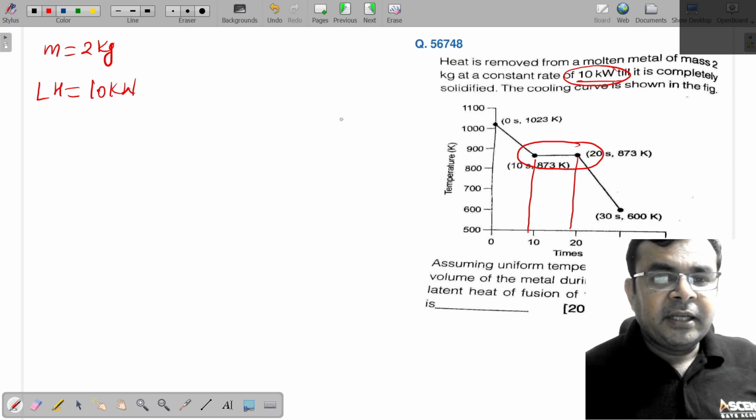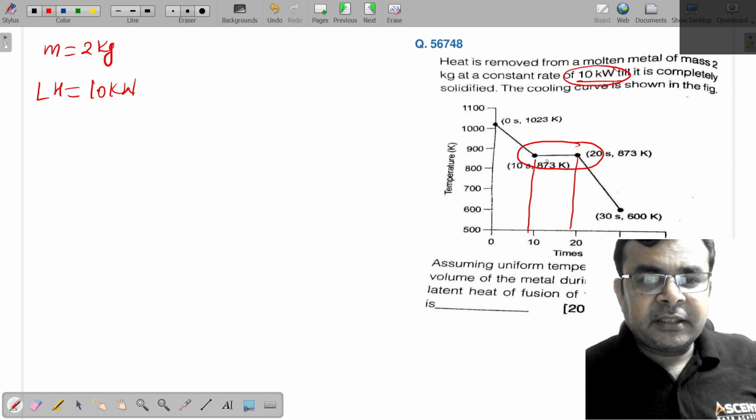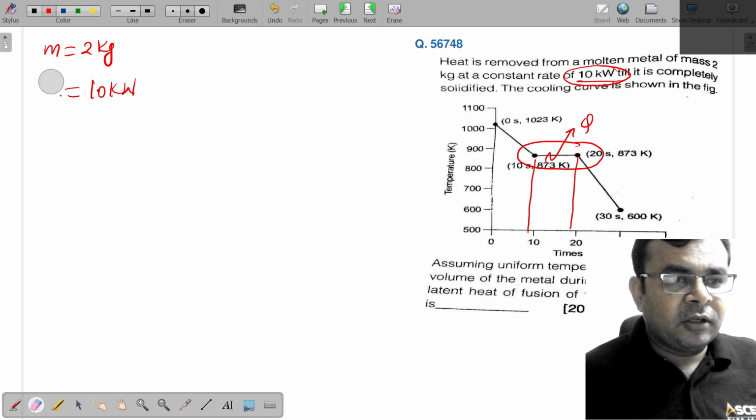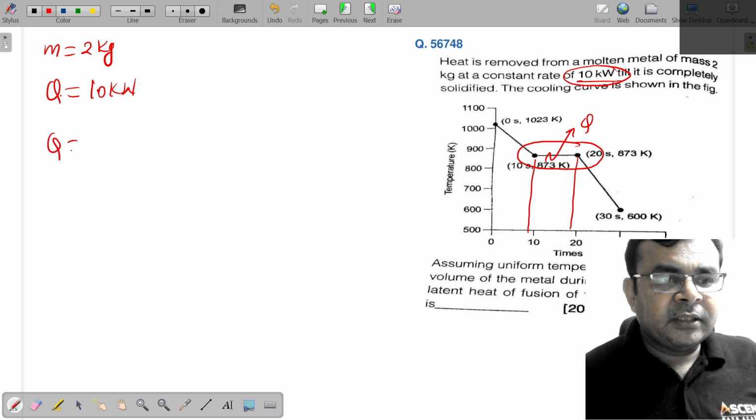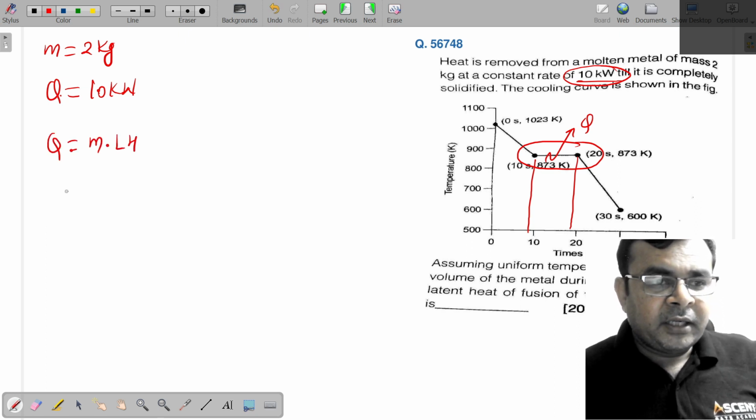By this rate we remove the heat. Yes or no? Actually, this is Q. This is not latent heat. This is Q. So Q is nothing but m dot latent heat. Correct? So the latent heat is nothing but Q by m.